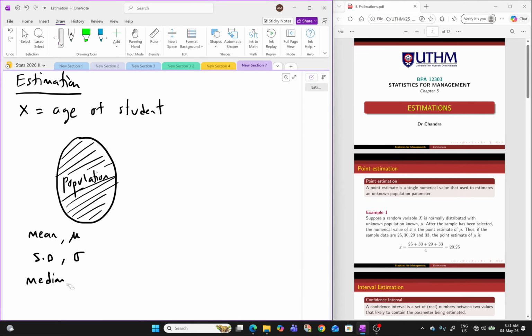Median, the population is macam N, tapi N dia macam ni kan, so dia punya N macam ke bawah sikit. And mode, we call this as T. Copy this one first.